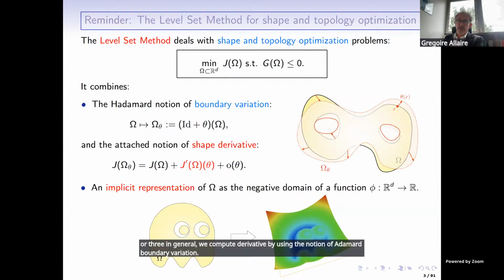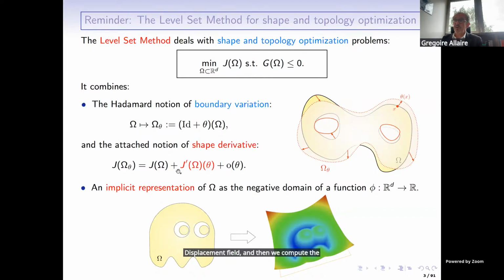That means that variation of the original shape omega is parameterized by a vector field theta, meaning that every point x in the domain or its boundary is moved to a new location x plus theta of x, so theta is like a displacement field. And then we compute the shape derivative by just performing a Taylor expansion in terms of theta being small.